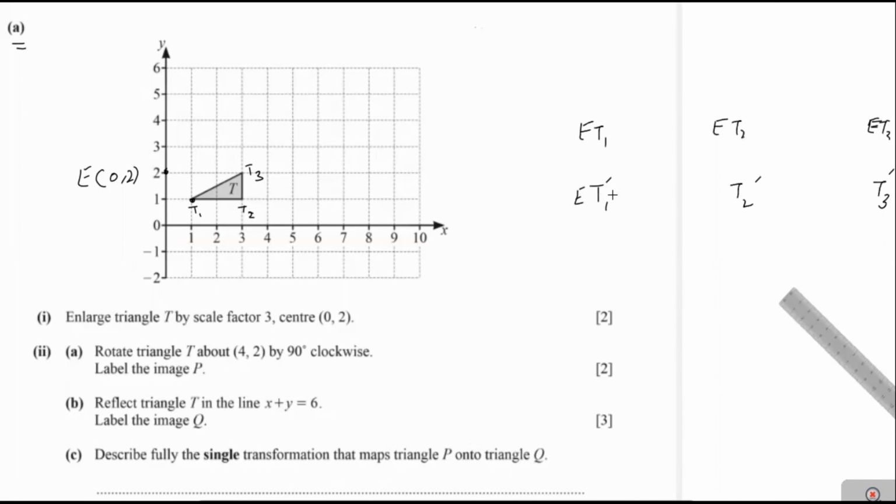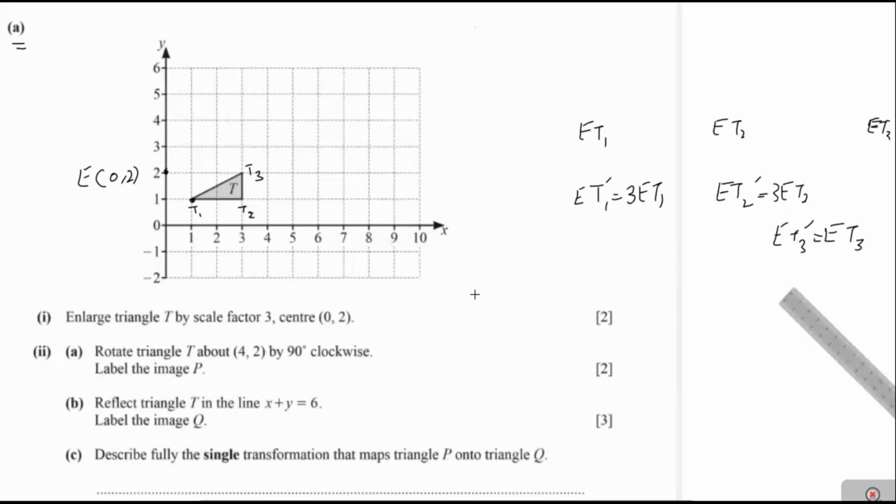ET1 dash will be equal to 3 times ET1 because the scale factor is 3. Same here, ET2 dash will be 3 times ET2, and ET3 dash will be equal to 3 times ET3.